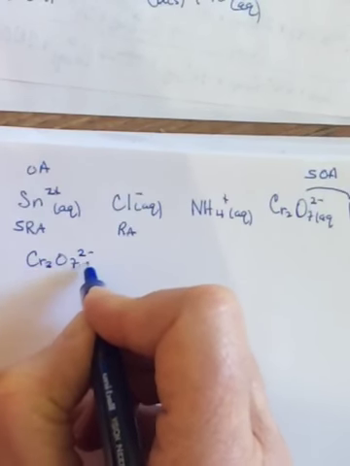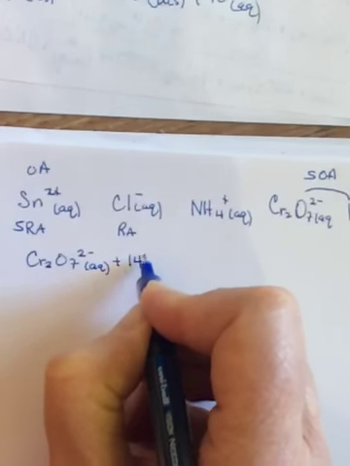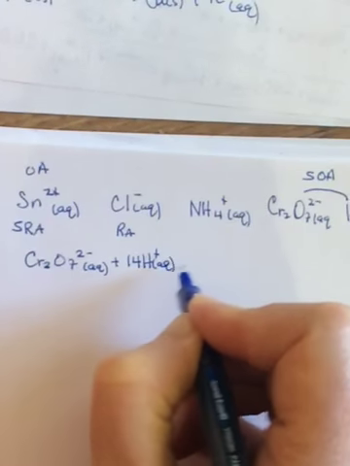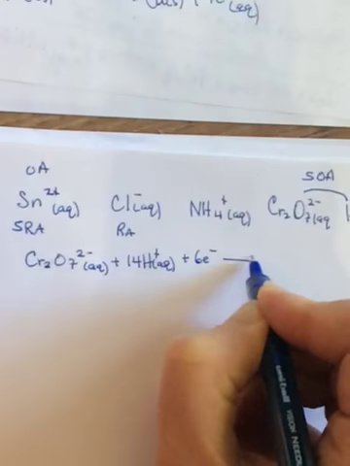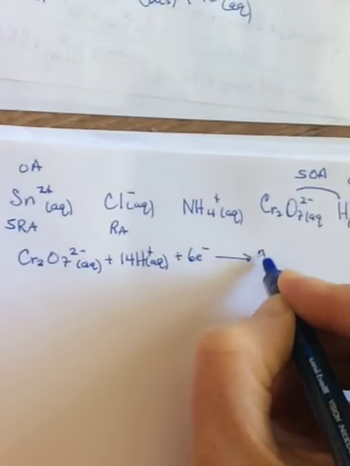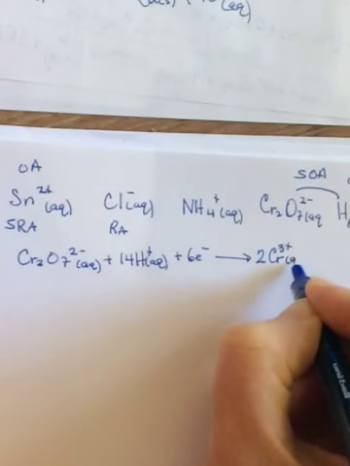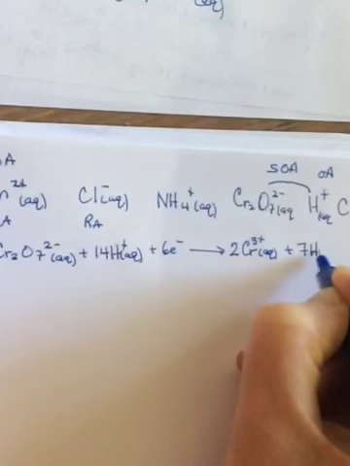And so now writing them right off the chart, we have Cr2O7 2-, aqueous, plus 14 H+, that's why you needed to add some acid there, plus 6 electrons, going to 2Cr3+, aqueous, plus 7 waters.